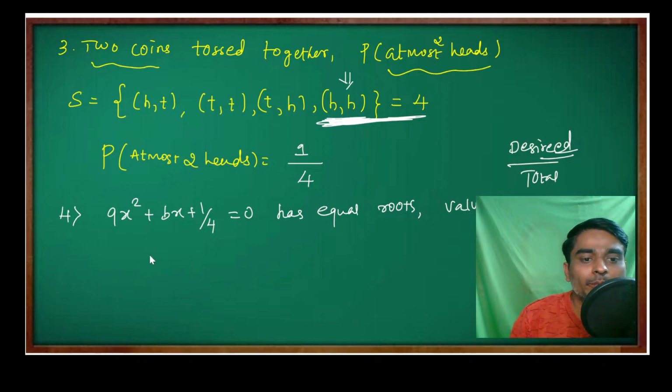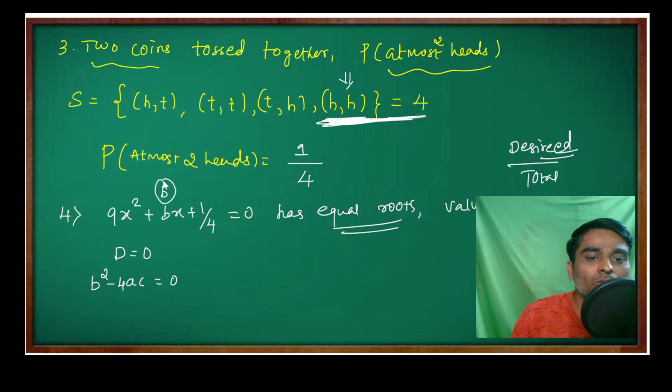Has equal roots. Equal roots means what? Discriminant is equal to 0. Discriminant means what? b square minus 4ac equal to 0. Now I will substitute these values. What is the b value here?